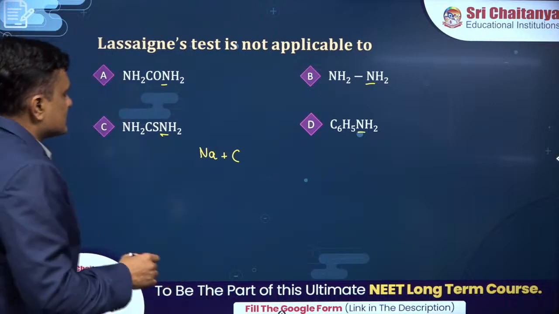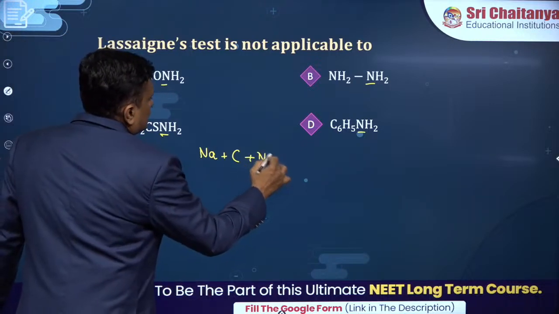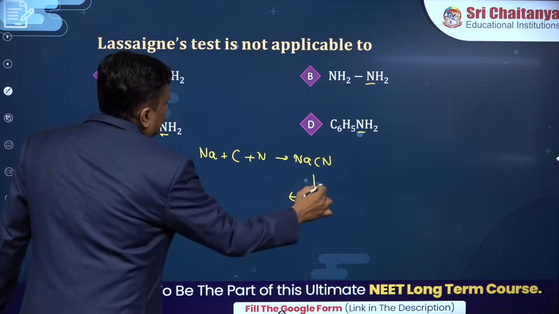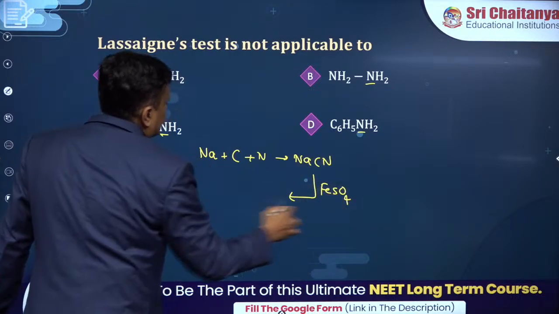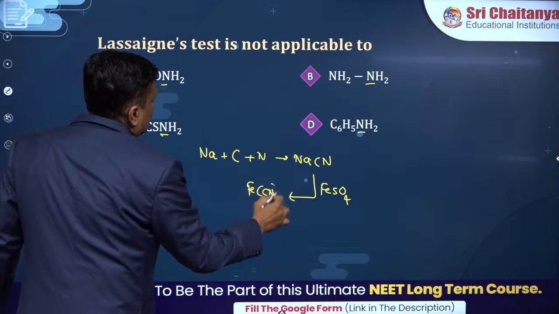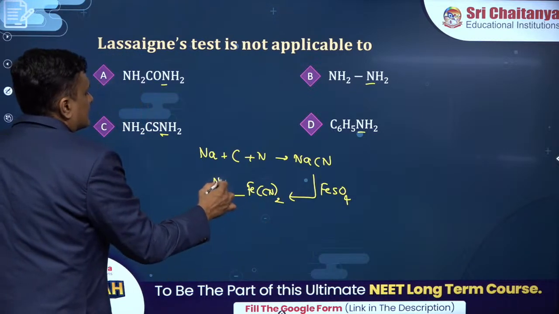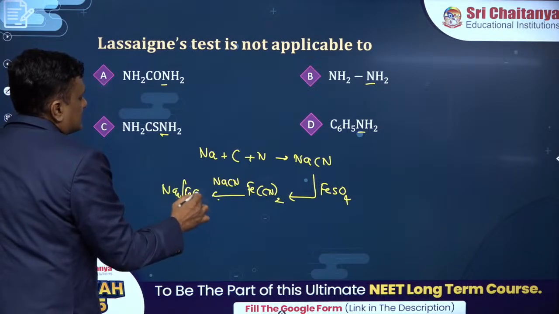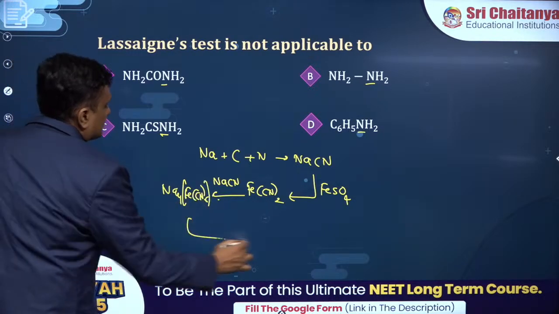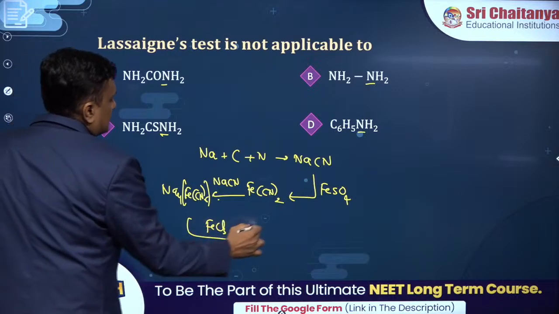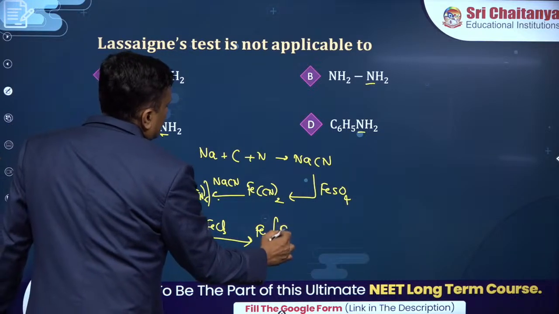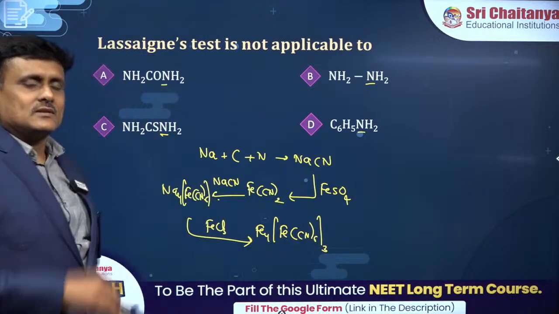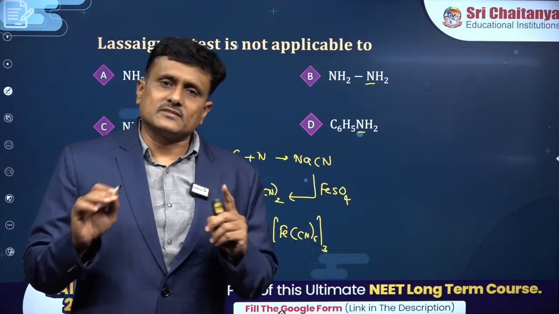If your compound has nitrogen and carbon, it will form sodium cyanide, and FeSO4 is added so that you get Fe(CN)2, which with excess NaCN gives Na4[Fe(CN)6], which is further treated with FeCl3 to ultimately give you a Prussian blue complex of this formula, isn't it? So this is the whole reaction sequence that you would come across for the nitrogen atom.